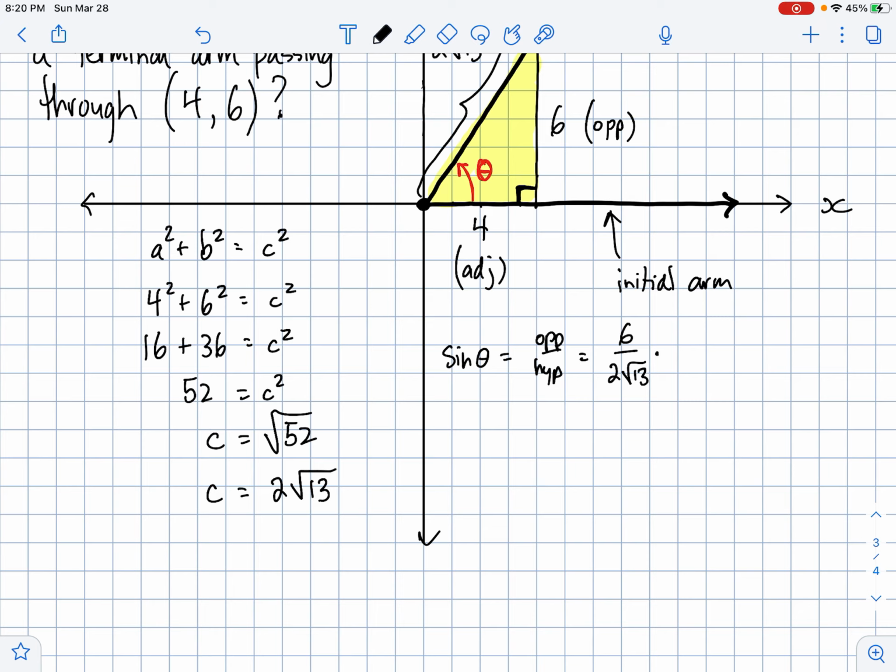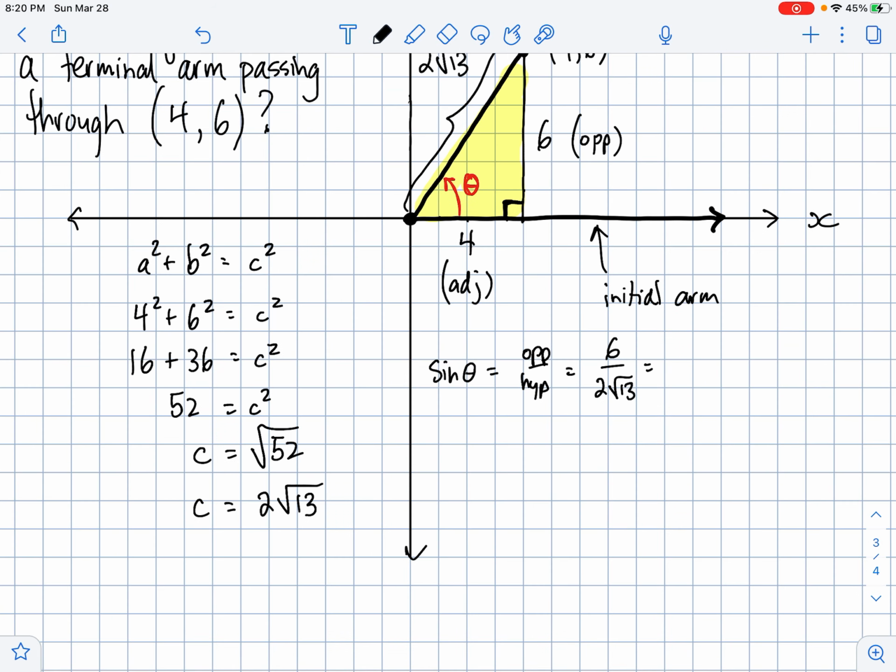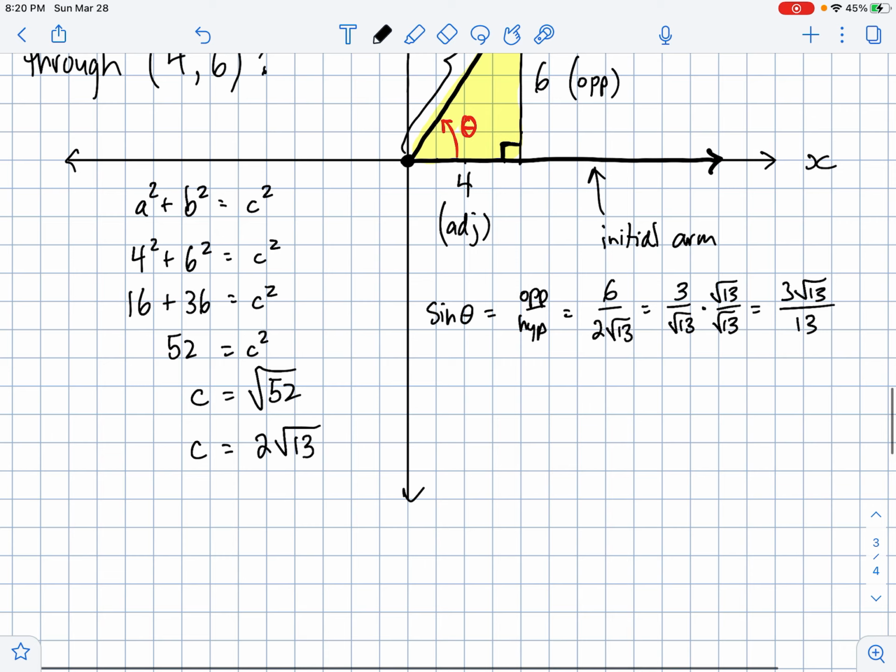Let me simplify first, because simplifying first is easier. So the 2 and the 6 cancel to give me 3 over root 13, but we rationalize. So 3 root 13 over 13, that's the sine. The cosine is adjacent over the hypotenuse, which would be 4 over 2 root 13.